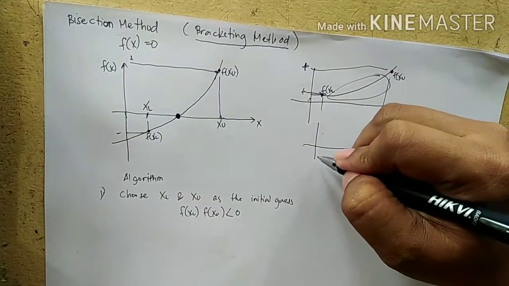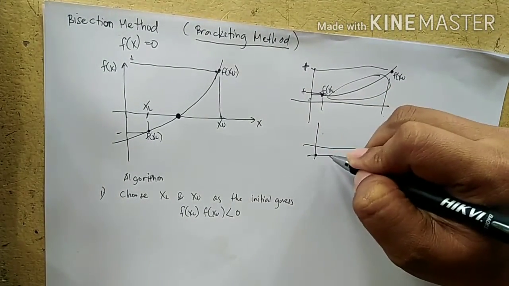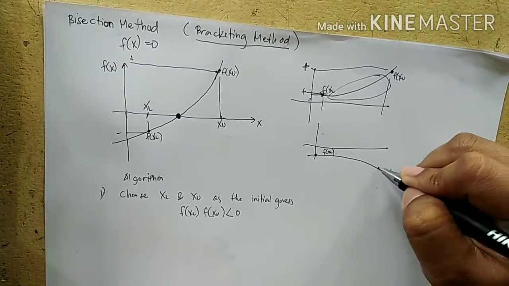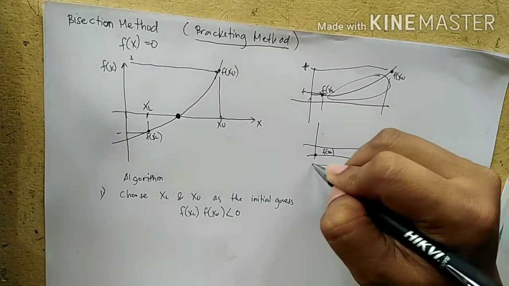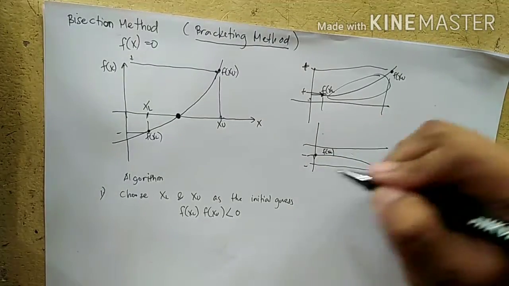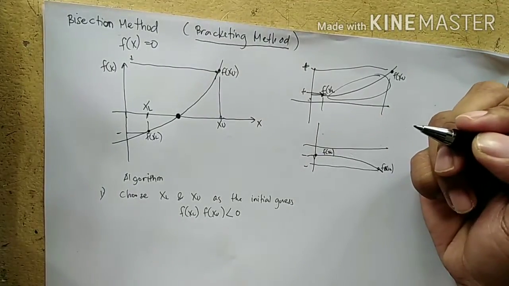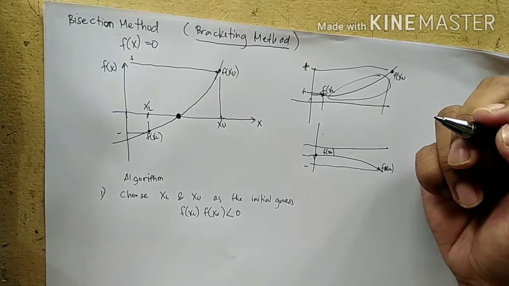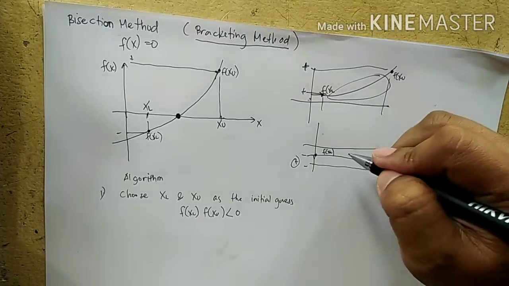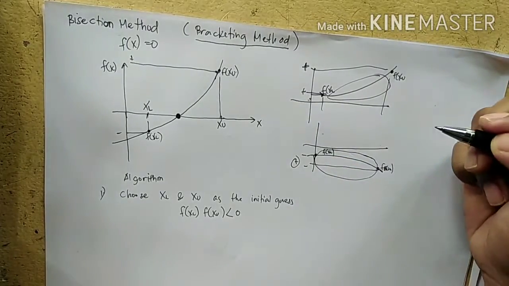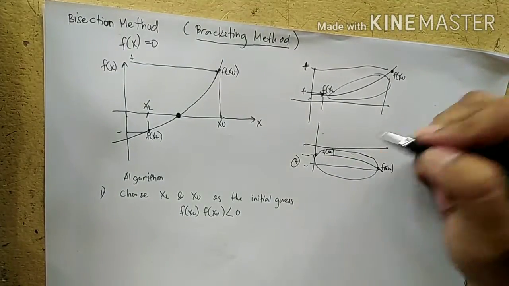Another one: if the values of f of xl and f of xu are both negative, the product is positive when you multiply them. As you can see, in between f of xl and x sub u, there is no root.